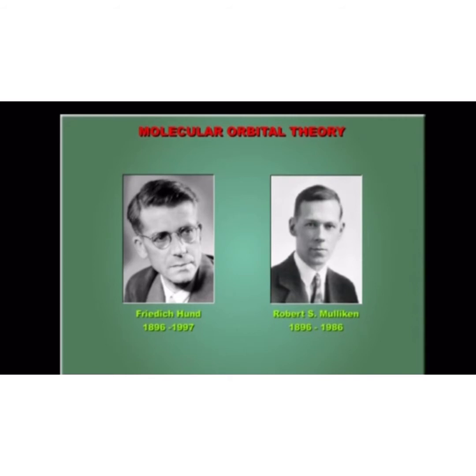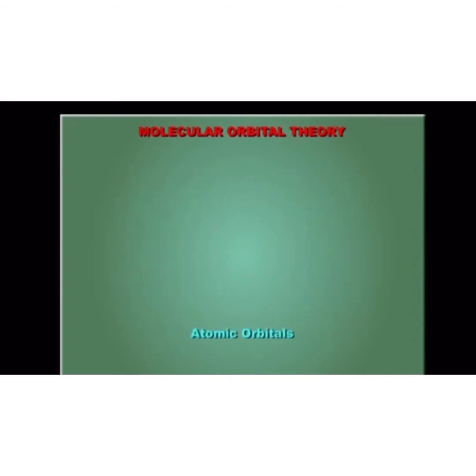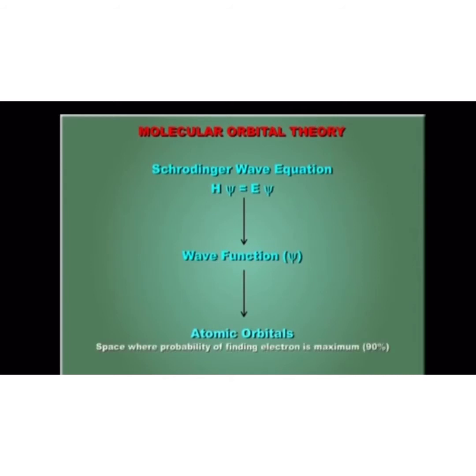Before going into this, I would like to recall that atomic orbitals are solutions of the Schrödinger wave equation called wave function denoted by psi, and represent the space where there is maximum probability of finding an electron. Now, a molecular orbital is formed by linear combination of two atomic orbitals of comparable energies and of proper symmetry.